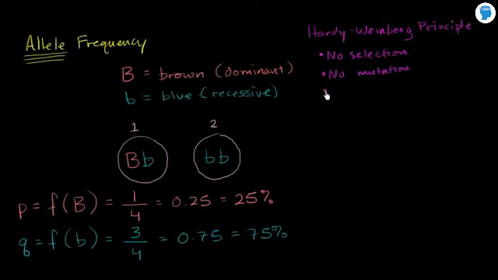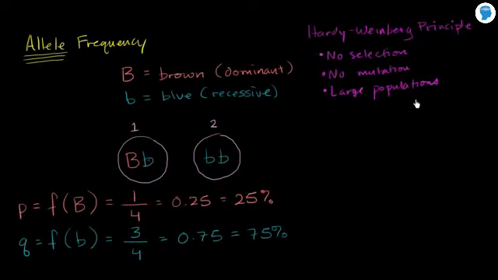And we're also going to assume large populations. So that would definitely throw out the example that we looked at in the last video, which I did just to understand the notion of allele frequencies, where we said, hey, look, one out of the four of the genes in this population, or 1/4 of the alleles in this population, are the dominant brown, while 3/4 or 75% were the recessive blue.